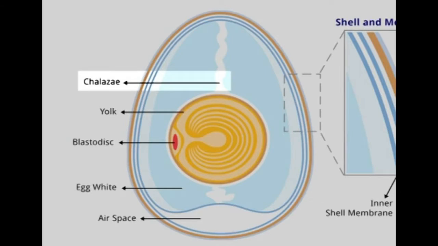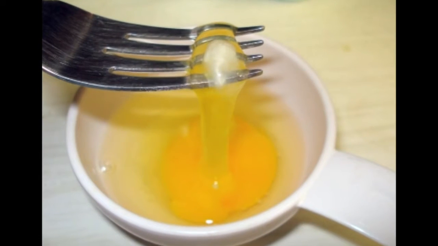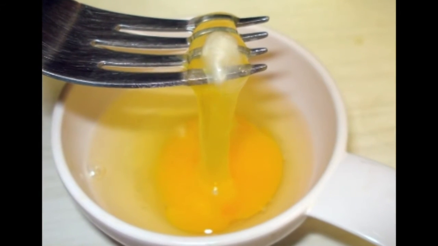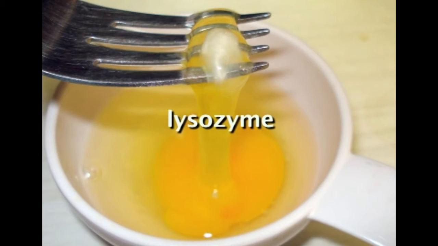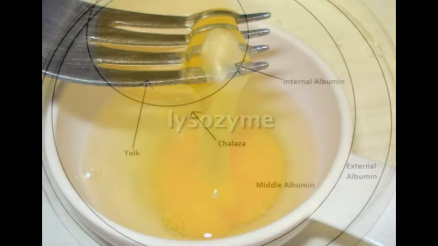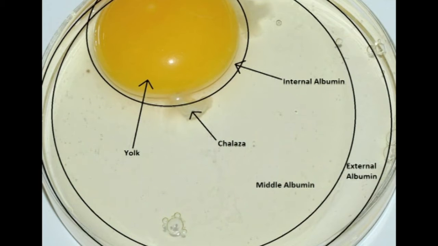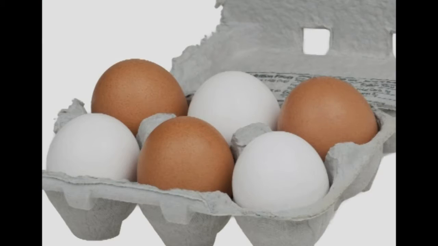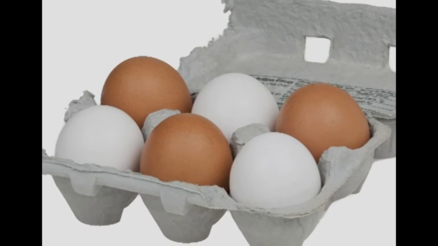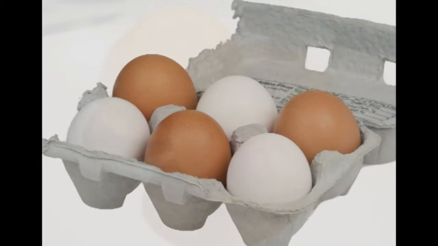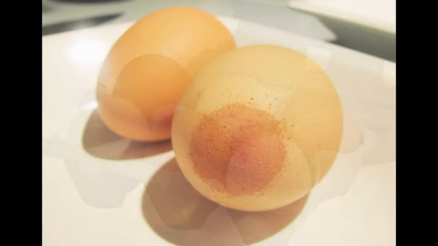Chalazae will hold the yolk firmly in its central position and thus serve as an anchor to the yolk. 2. The chalazae are believed to contain a protein called lysozyme, which possesses antimicrobial properties and helps to prevent the microbial spoilage of the egg.